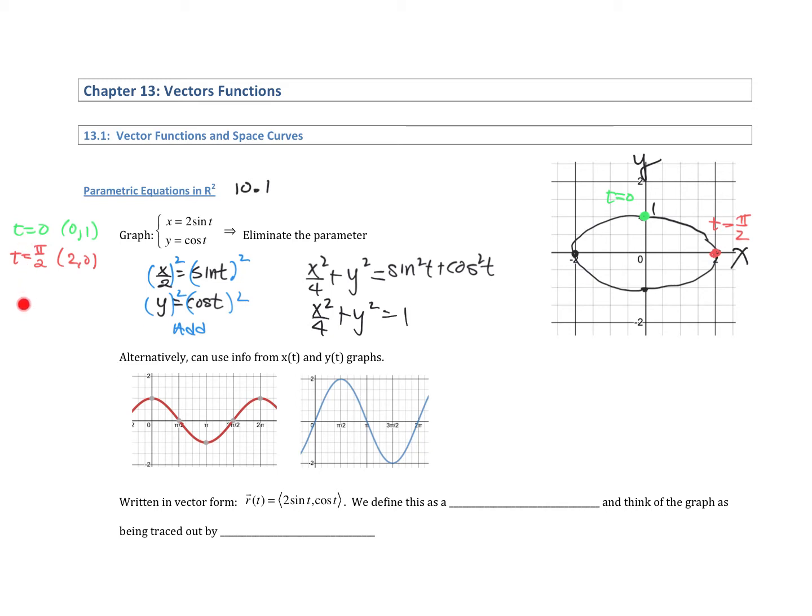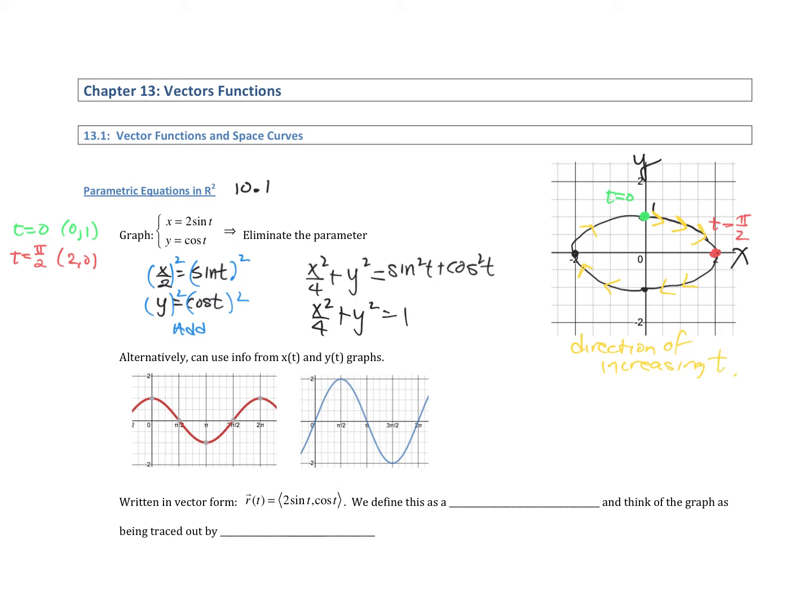And if we put more and more points in, we can see that this is modeling movement along this curve. The black curve itself is the path that we're on, but we're modeling movement around this ellipse in this direction. So those yellow arrows are the direction of movement, the direction of increasing t.